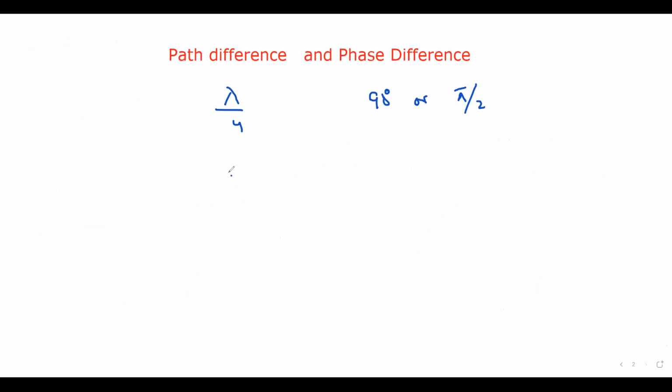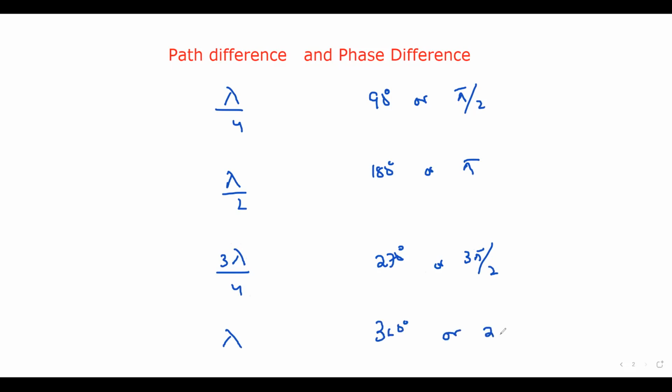If the path difference is lambda/2, half of the wavelength, the phase difference will be 180 or pi. If the path difference is 3 lambda/4, then the phase difference will be 270 or 3 pi/2. And if the path difference is one complete wavelength, then the phase difference will be 360 degrees or 2 pi radian.